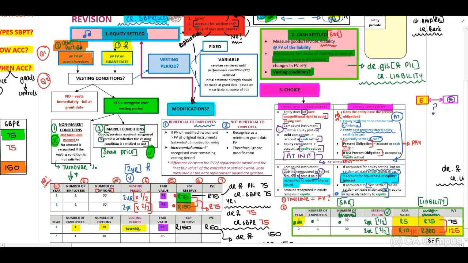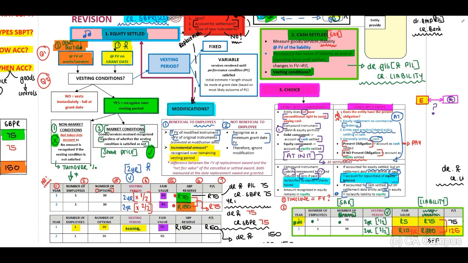If it's not beneficial, you just ignore this and recognize as a minimum the grant date fair value. Now, modifications should be known on an awareness level. They indicate to us if the fair value of the modified instrument exceeds the fair value of the original instrument, you need to recognize an incremental amount for the remaining vesting period.